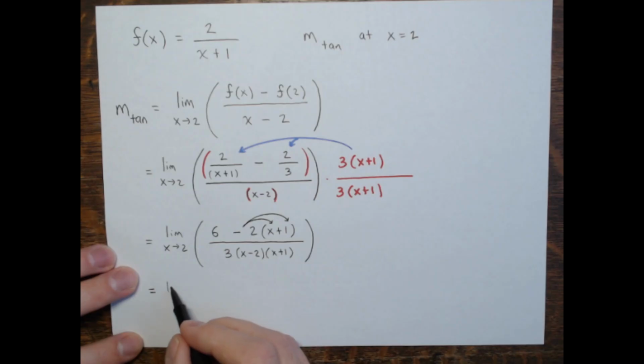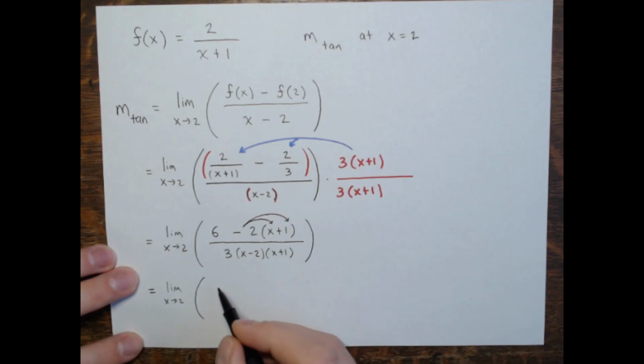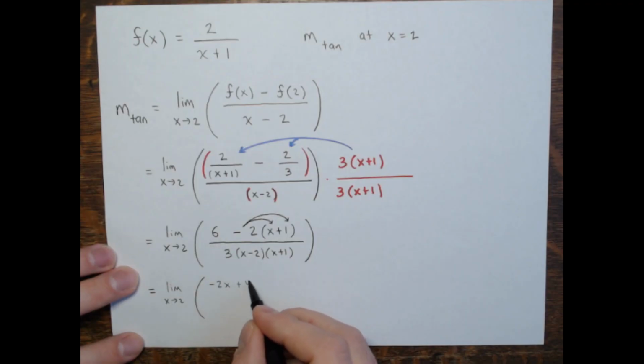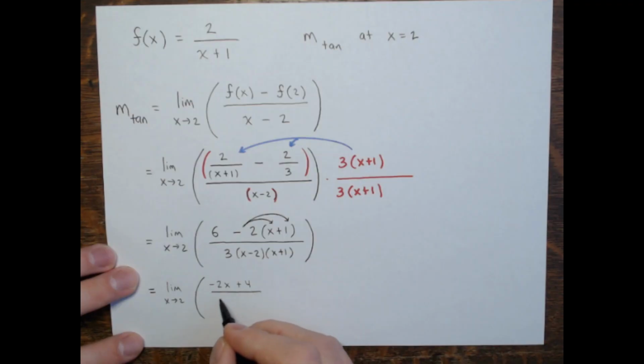So again, this would be negative 2x, and then minus 2, plus 6, plus 4, and that can factor a little further as well.